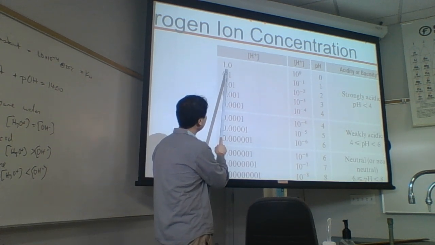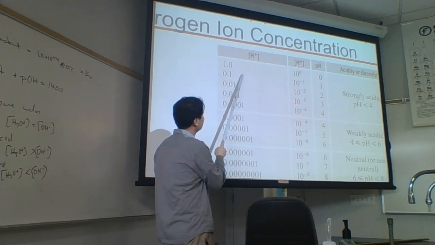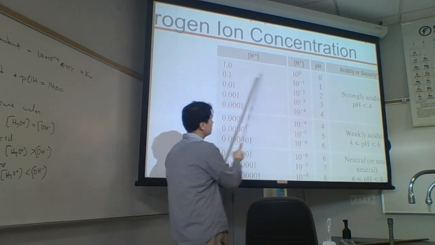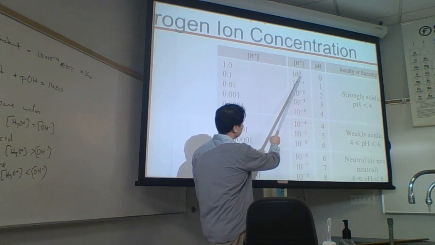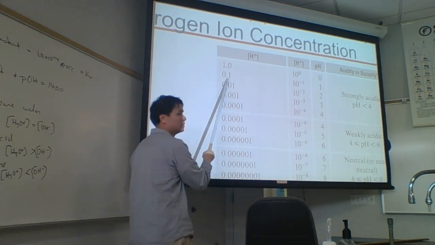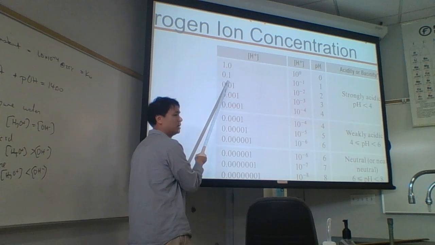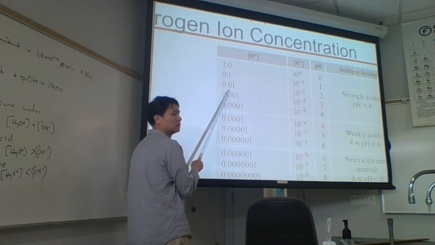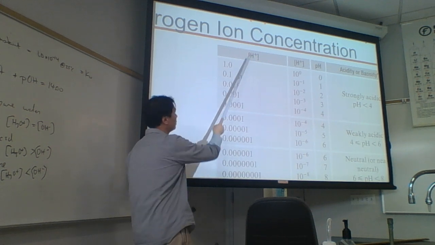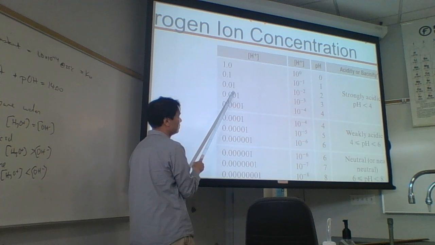This would be 1 times 10 to the 0th. 10 to the 0th is 1, and so the pH is 0. Here, this is 10 to the minus 1. Therefore, the pH is 1. This is 10 to the minus 2 molar H plus, the pH is 2.